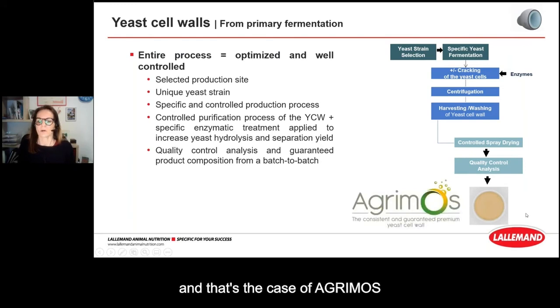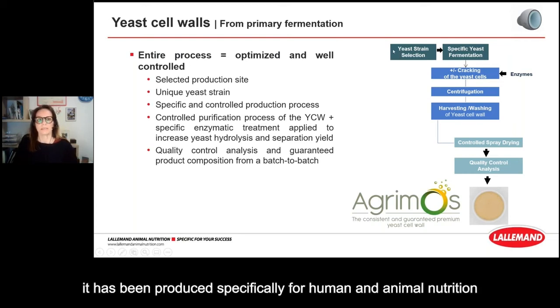And that's the case of Agrimos, a premium yeast cell wall product, which means that since the first step, from the yeast strain selection, it has been produced specifically for human and animal nutrition.